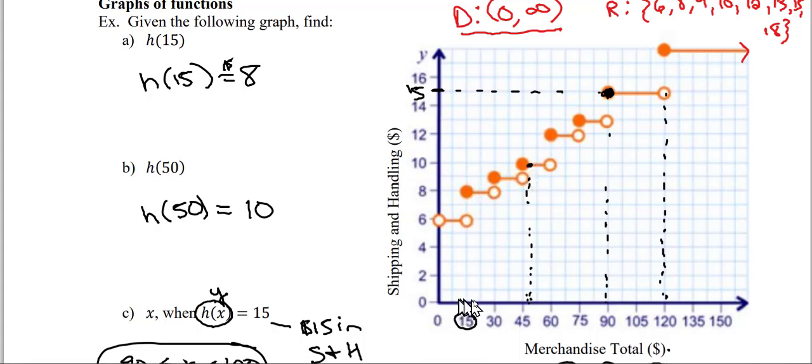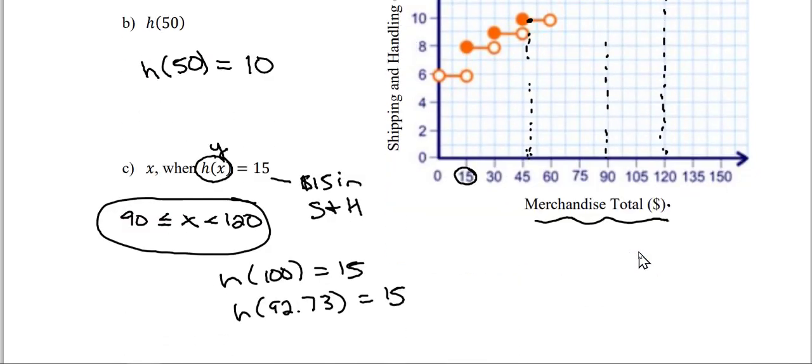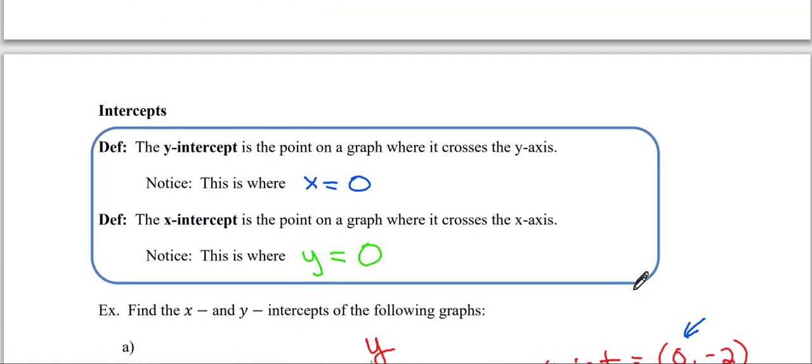So for the domain between 0 and 15, the function value is 6. For the domain values between 15 and 30, the function value is 8, and so on. Okay? So we definitely have a piecewise function here. Different parts of the domain have different equations describing it.